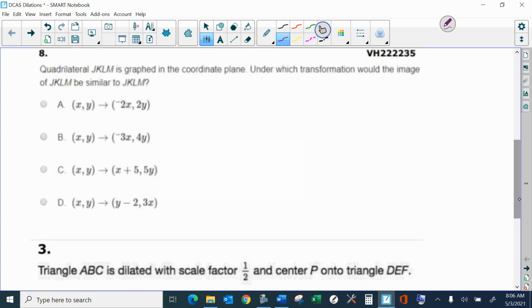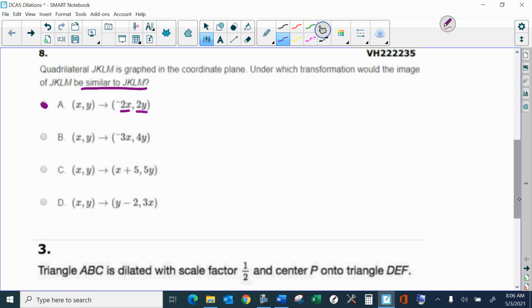All right, a quadrilateral is graphed on a coordinate plane. Which transformation would make the image similar? So now we're going with the rule, similar. A works because that's the absolute value. What that does is doubles each of those, and then takes the negative x to be reflected over the y-axis.